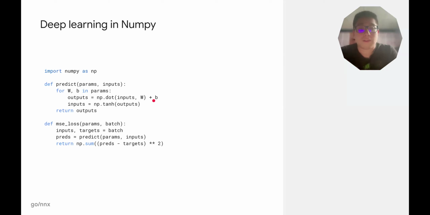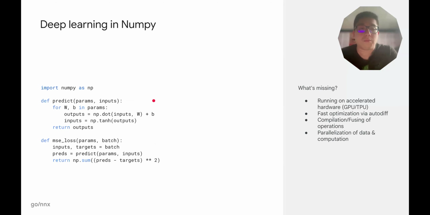So for this code, if we take a little step back, what we are missing is that we should be able to run this on accelerated hardware. If you try to modify this code to run on a GPU or a TPU, you might have to adapt this to CUDA, to TensorFlow, or to PyTorch.